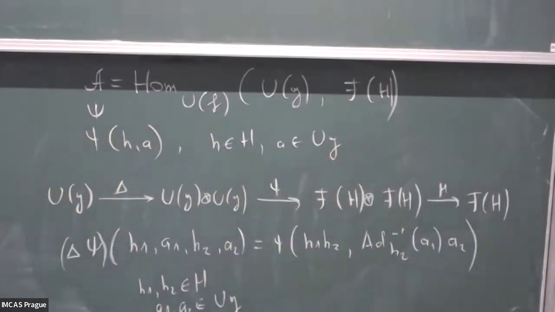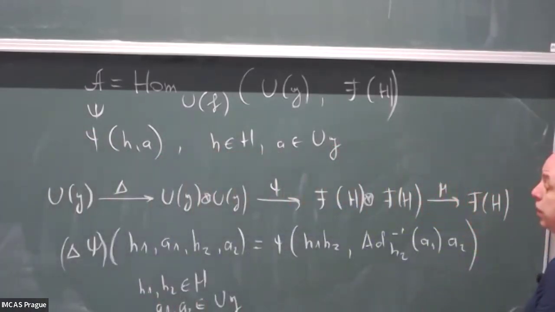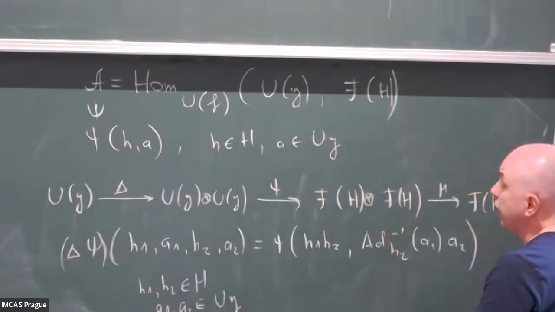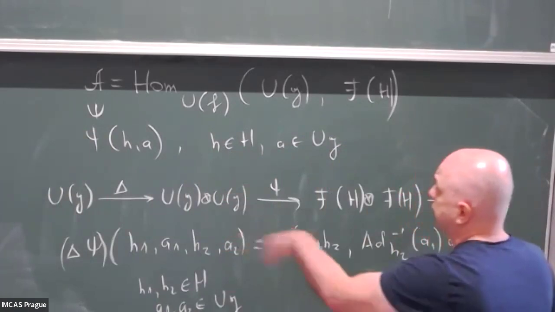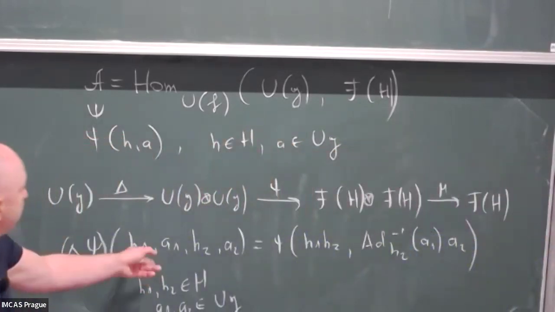And one can show that this map will satisfy the property of co-associativity. It gives a co-multiplication which is co-associative, and in general not co-commutative. If you combine all maps together, I didn't write the antipode, but it's kind of obvious what we should do.